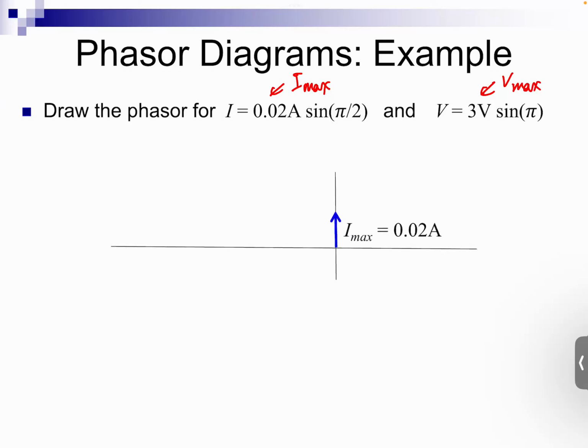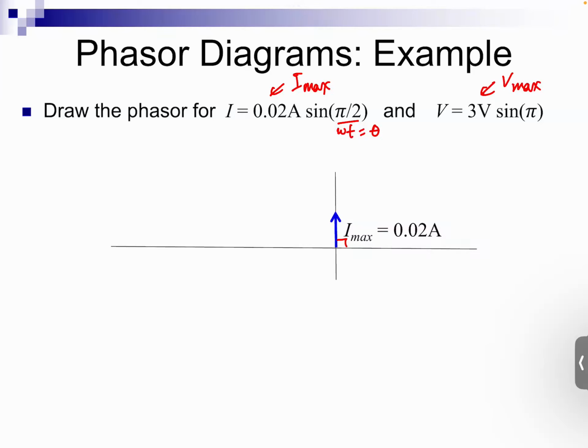The current has a magnitude of 0.02 amps. The length of this vector should be equal to the maximum current. And then the angle is pi over 2. Omega t or theta is pi over 2, or 90 degrees, and hence your current is 90 degrees relative to the 0 degree reference.